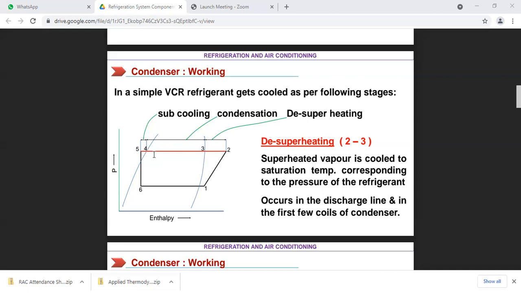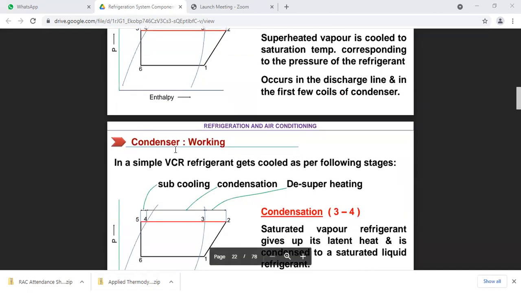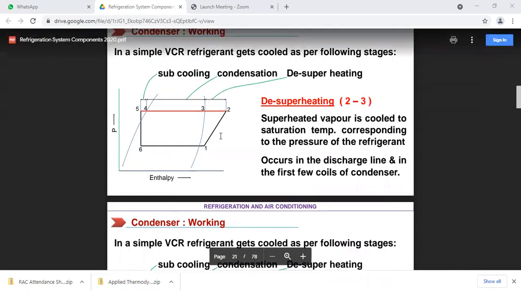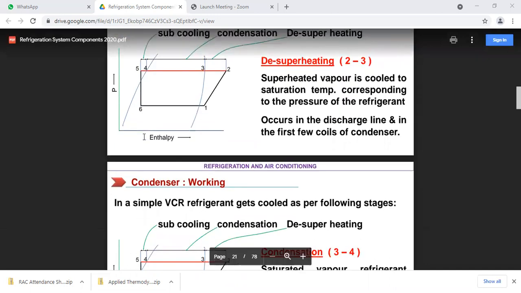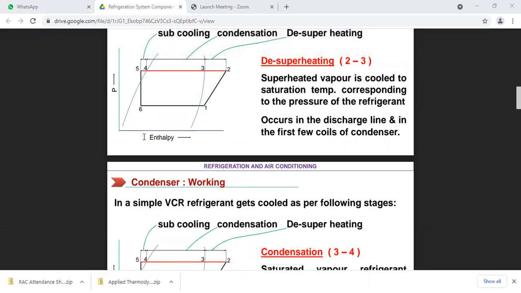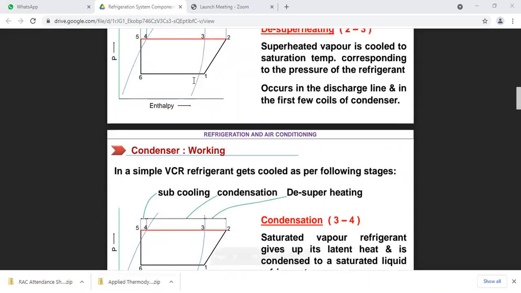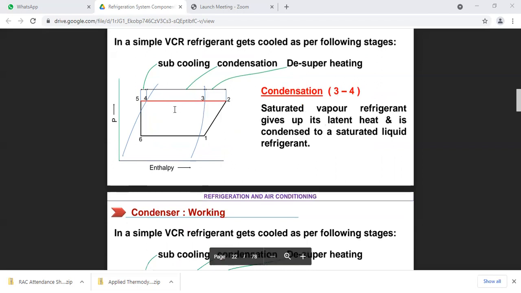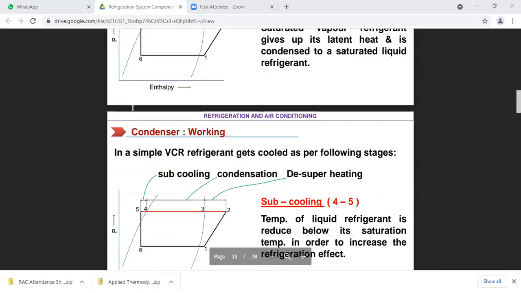As we discussed, during de-superheating the superheated vapor is cooled to the saturation temperature at point 3. In the condensation process from 3 to 4, the saturated vapor refrigerant gives up its latent heat and goes from the dry saturation region to the liquid saturation region.